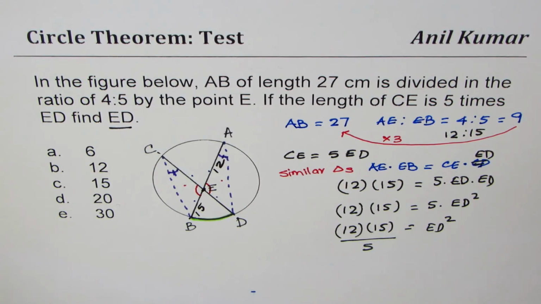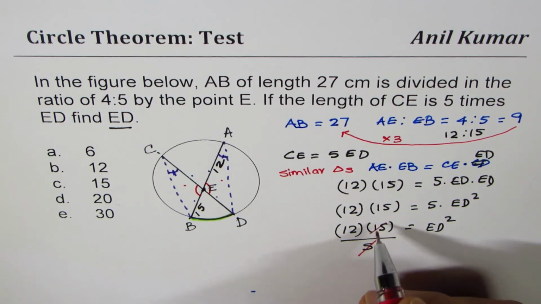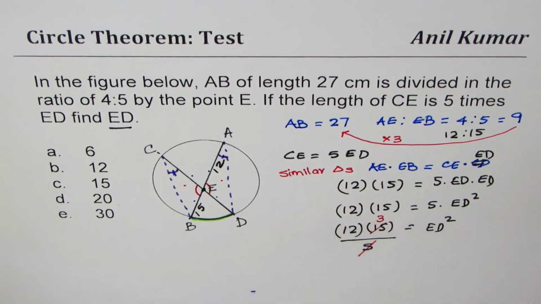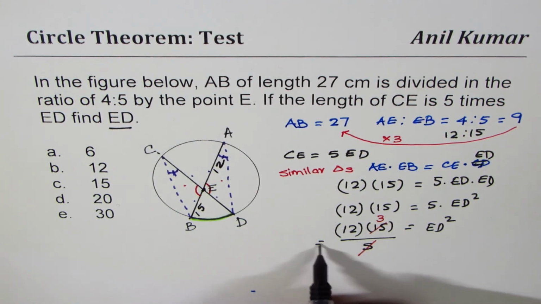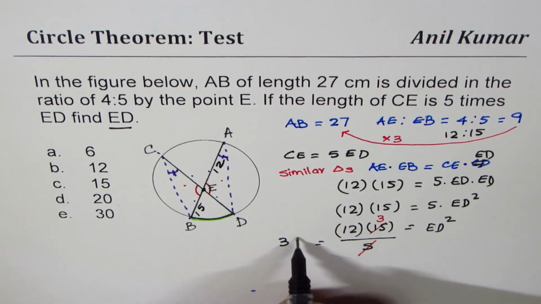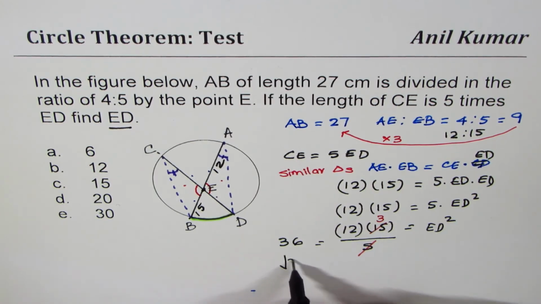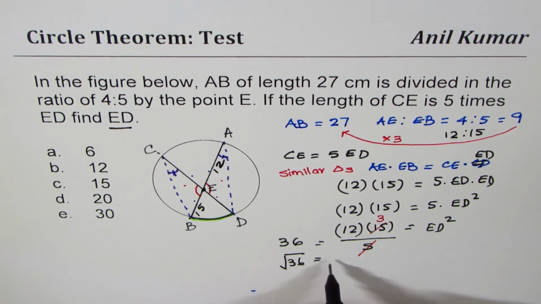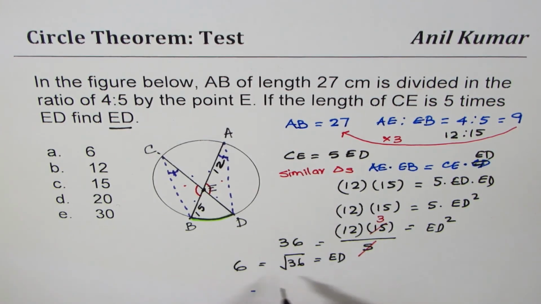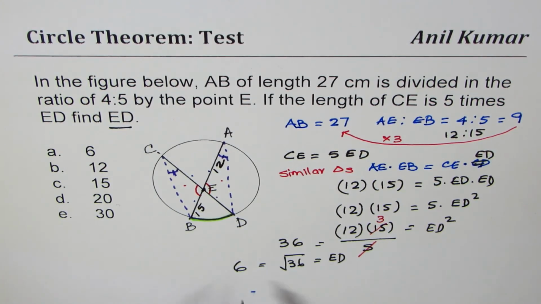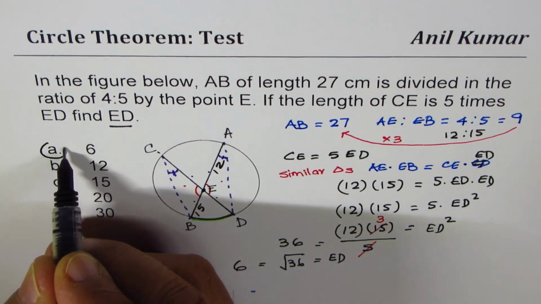So this can be simplified. 5 goes 3 times, and what you get here is 12 times 3, which is 36. ED squared is 36. So the square root of 36 is ED, which you know is 6. We have to take only positive values since we are talking about lengths, right? So we get our answer as ED equals 6, which is option A.